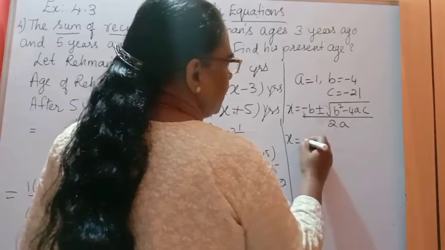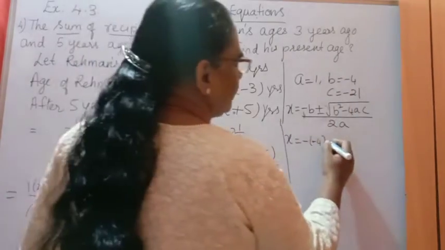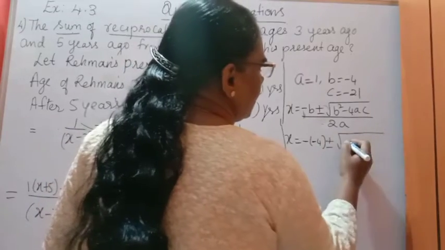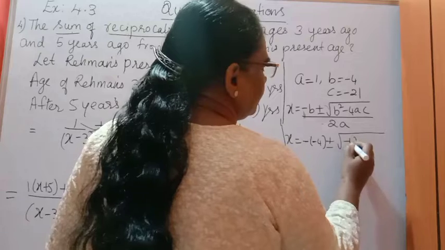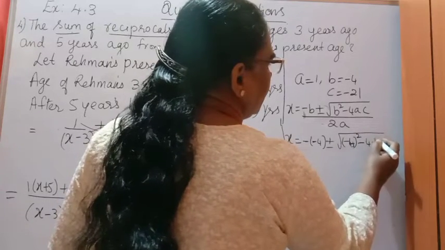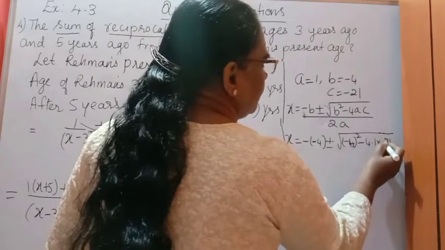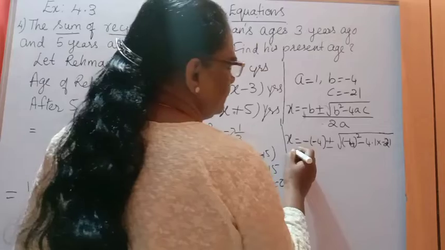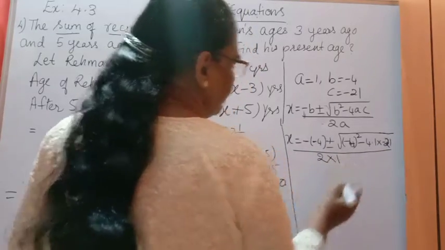X is equal to minus of -4, because B is minus, put it in the bracket, plus or minus root of -4 whole square minus 4 into 1 into -21, divided by 2 into 1.